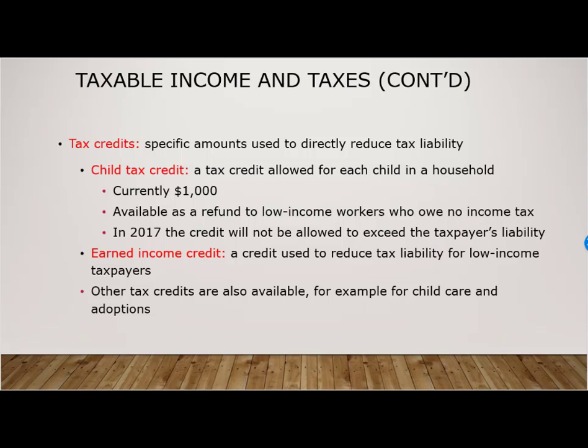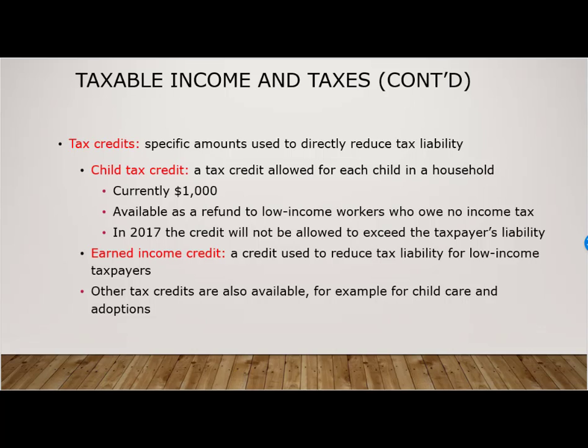Once we've calculated our tax, the next thing we can do is look at things called tax credits. And there are several of these. Tax credits are very good if you can get them because they reduce your tax liability dollar for dollar. A tax deduction only reduces the tax to possibly put you in another tax bracket, but it doesn't have the same power as a tax credit.